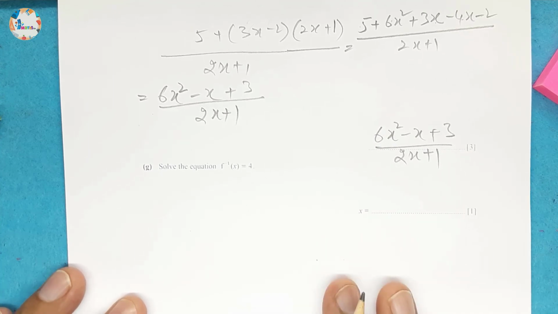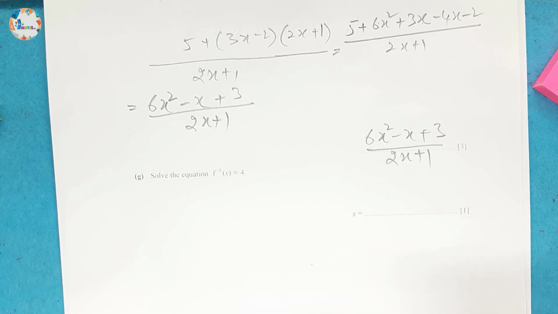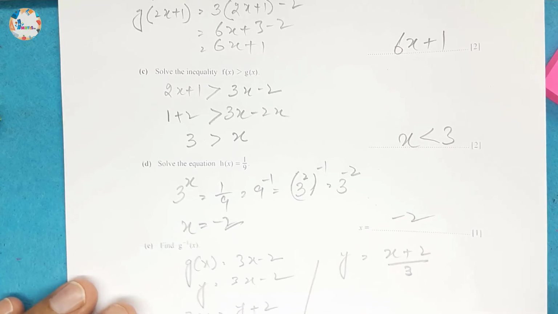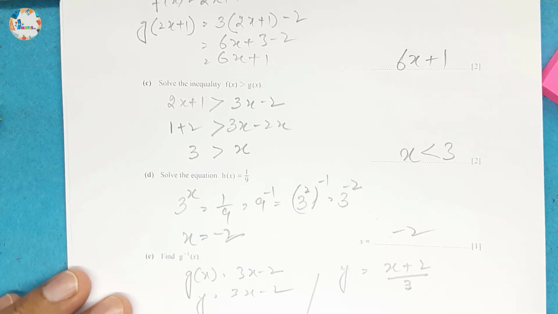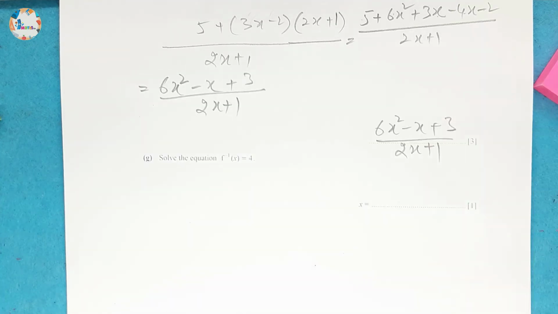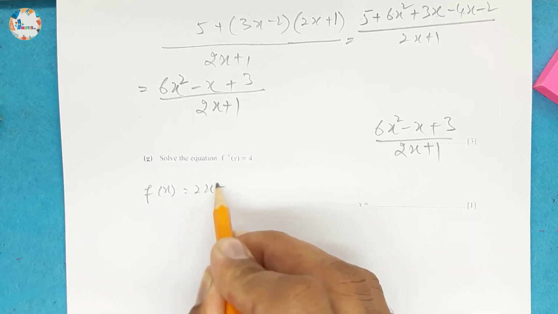Then solve the equation f inverse of x is equal to 4. We have calculated f inverse of x or not? We have not calculated basically. f of x is equal to 2x plus 1. So what we can do, f of x is equal to 2x plus 1.